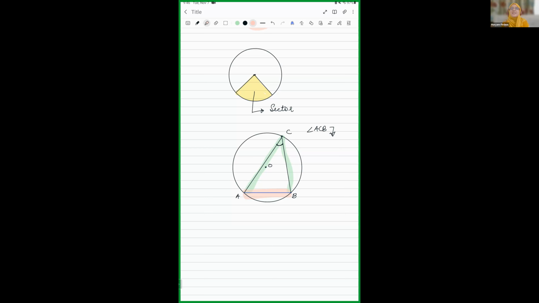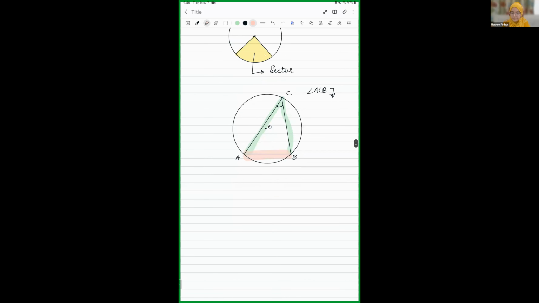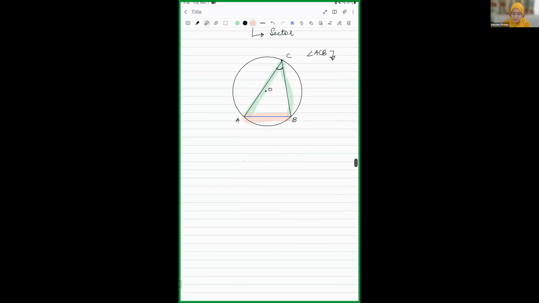See, there isn't any particular definition as such. You can just think about it like this, that if you have a circle, and you have a point over here, let's say this is point P, and somewhere else, anywhere at all, you have a chord, let's say QR.